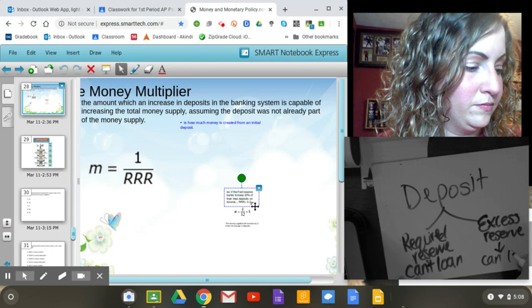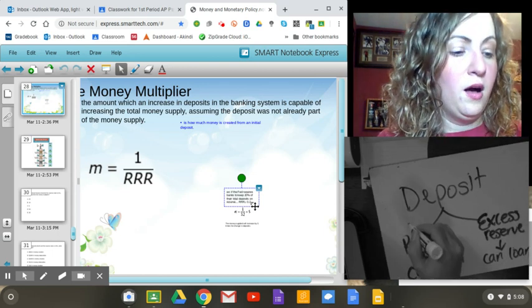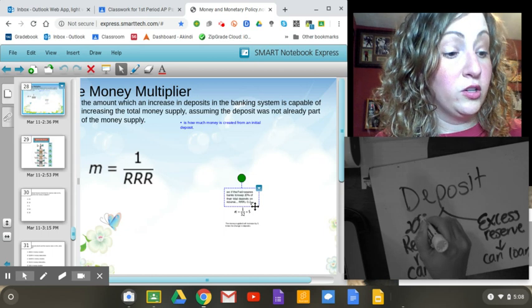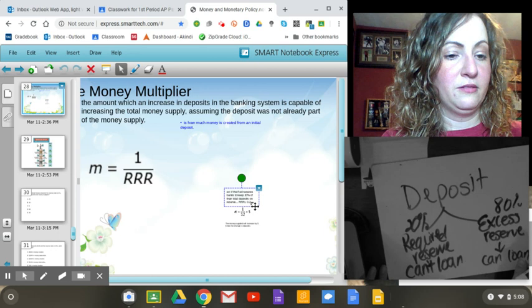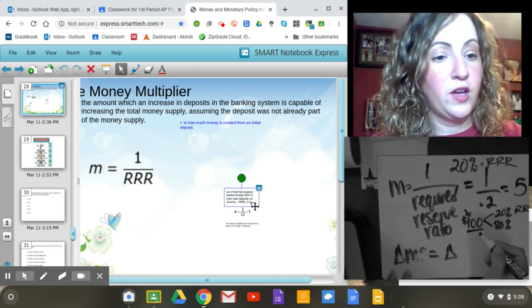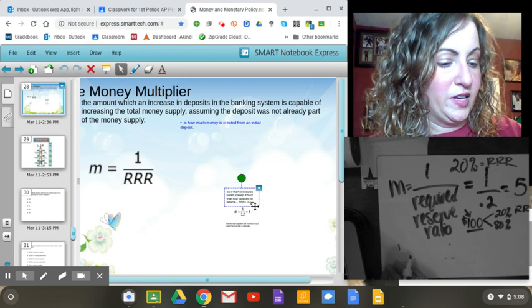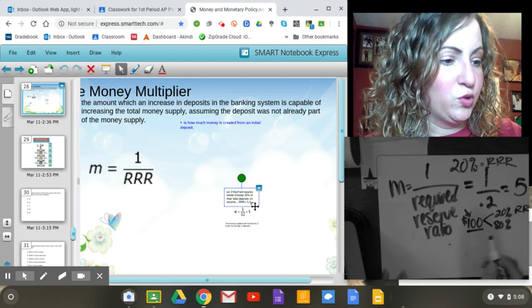In this case, we have 20%. It can change. You can have 20% required reserves and the other 80% is excess. So back to this problem, if it was $100, and I'm glad that I made it a really easy number, we can loan out 80 and we have to save $20.